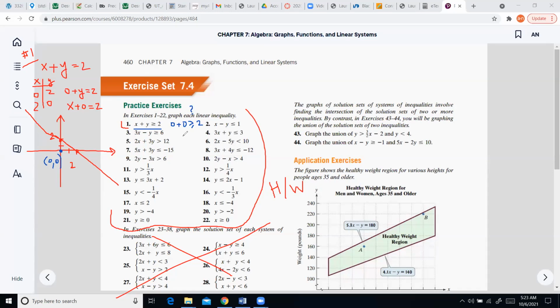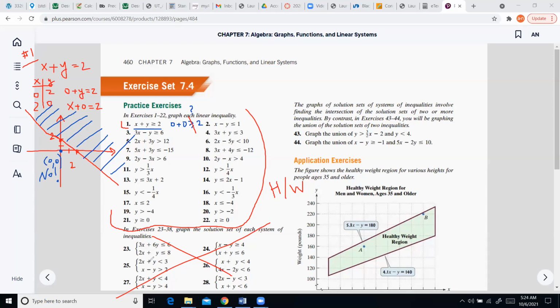And the answer is no, 0 is not greater than 2. 0 is smaller. Okay, so you say no to this point. And if you said no to this point, then you go and highlight the other region. So you highlight the part above because this point didn't test. Point 0, 0 did not test.